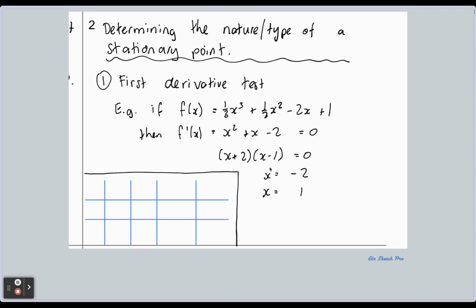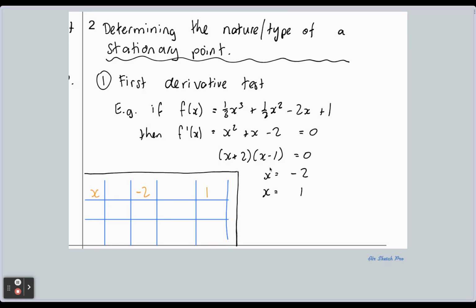Now, the first derivative test effectively gets you to order these derivatives in order. So I'll just change colour so it stands out a bit. I'll just go to orange. So in the first row, we're going to have values of x, and I'm going to have a gap followed by -2, which is my smallest x coordinate of the stationary point, and then another gap, and then I'm going to have 1, and then I should have another gap after this, to be honest.